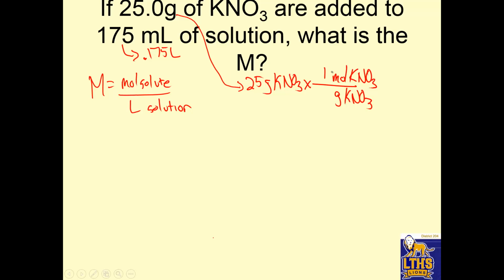So, little g stands for grams, and little g stands for go to the periodic table. Potassium is 39.10. Plus nitrogen 14.01 plus 48 for 3 oxygens, and it's 101.11. 25 divided by 101.11, and it's 0.247 moles. So here we go.